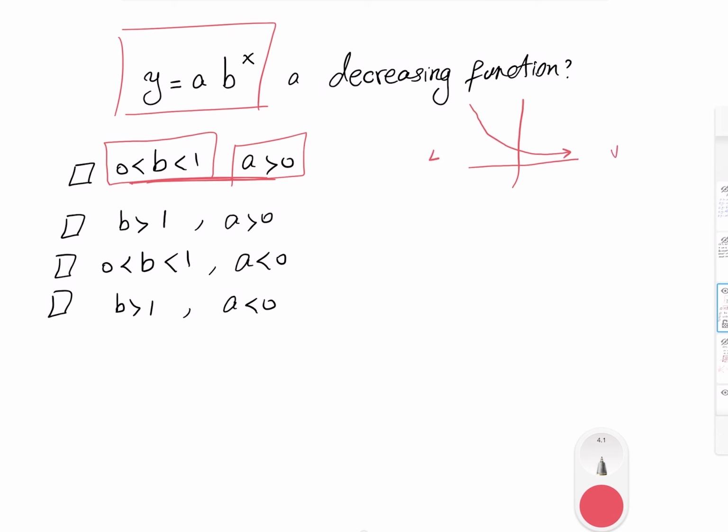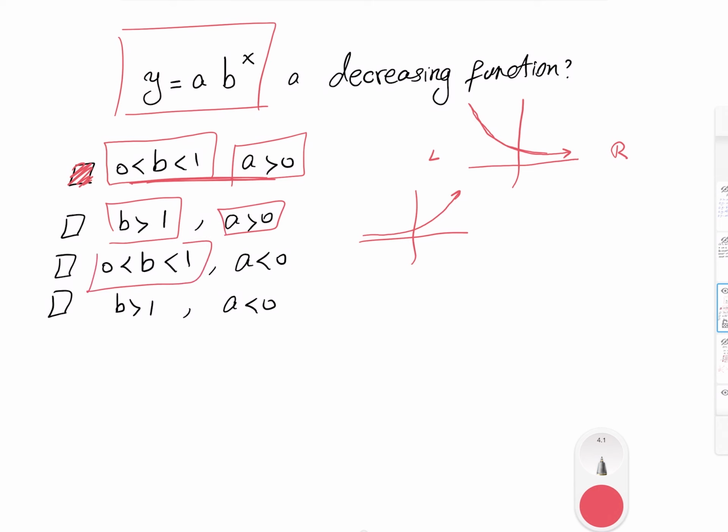From left to right, the graph is going down, so this is decreasing. b is greater than 1, it goes up, and a is positive, so we keep it like this. This is increasing, so that's not the good one for this question.